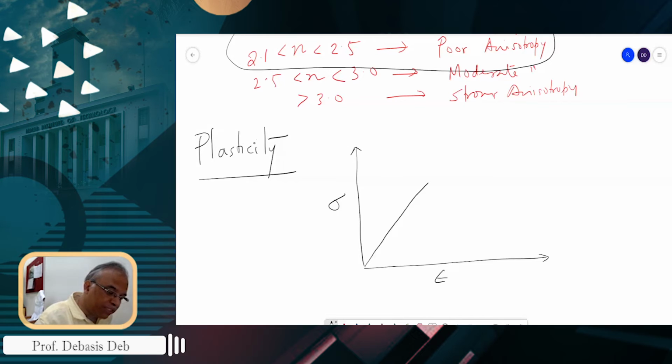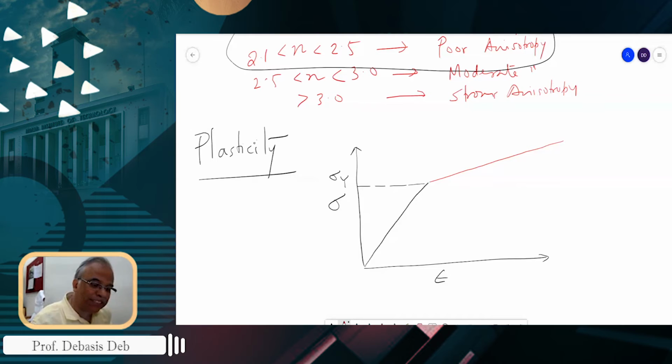Now let's assume this is its yield strength, this is sigma y. After that, it is going to depart from elasticity, and in this case we are assuming it departs in a ductile manner.